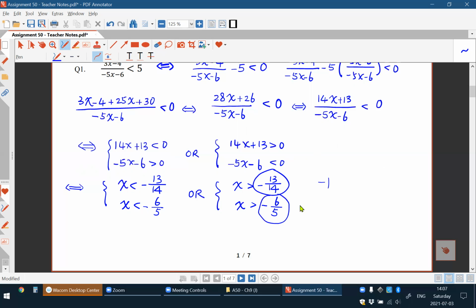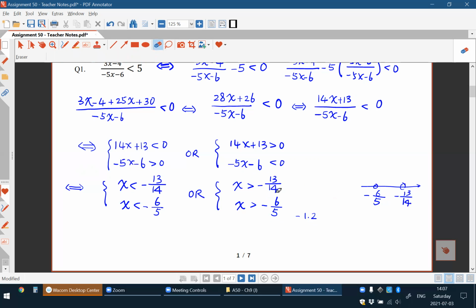And the second number is minus 6 over 5. 6 over 5 is about 1.2, right? So this number is minus 1.2. So which number is larger? Of course, the first one is larger, right? That means if you draw a number axis, minus 6 over 5 is here, and minus 13 over 14 is here, right?